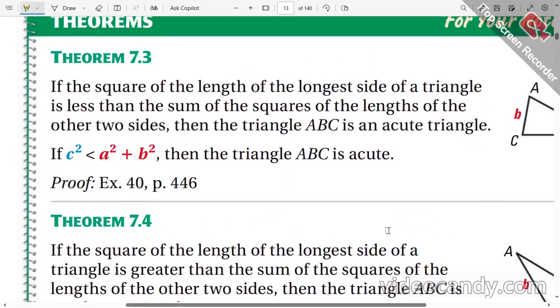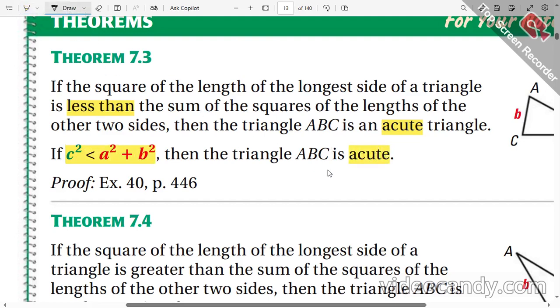All right, so continuing on, if the square of the length of the longest side of a triangle is less than the sum of the squares of the lengths of the other two sides, then the triangle is acute. All right, so if C squared is less than A squared plus B squared, it's going to be acute.